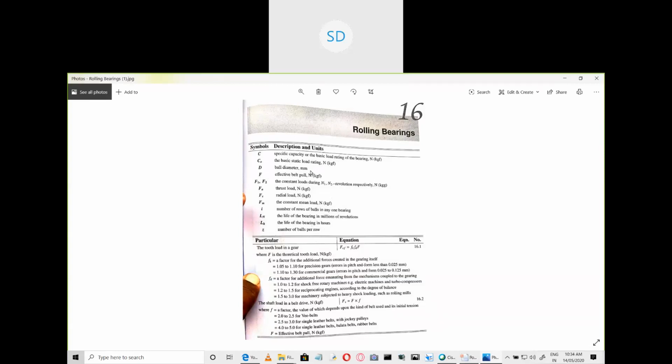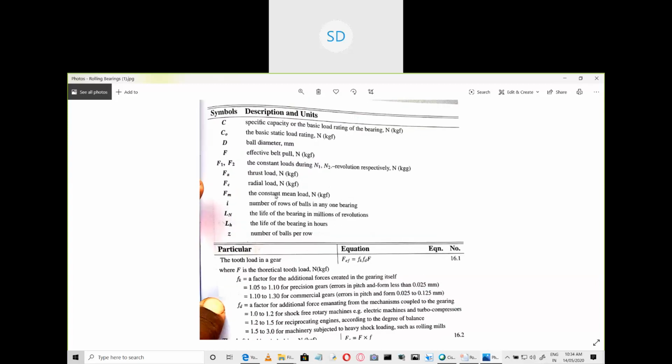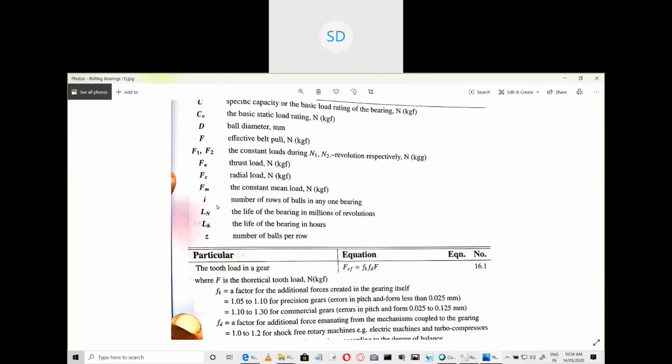Capital D is the ball diameter or roller diameter. F is the effective belt pull. F1, F2 are the constant loads during N1, N2 revolutions respectively. FA is the thrust load. FC is the radial load. Fm is the constant mean load. I is the number of rows of balls in any one bearing.